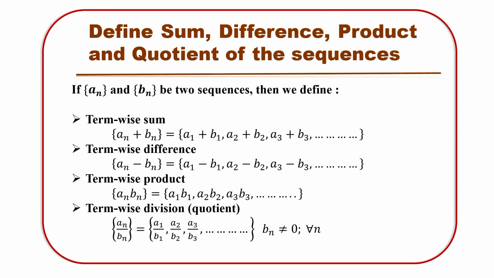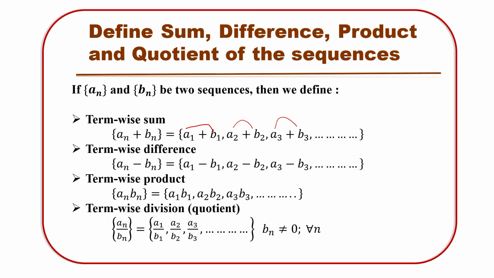Now for two sequences, we can define the sum, difference, product and quotient of the sequences term by term. If a_n and b_n are two sequences, the term-wise sum is a1 plus b1, a2 plus b2, a3 plus b3 and so on.